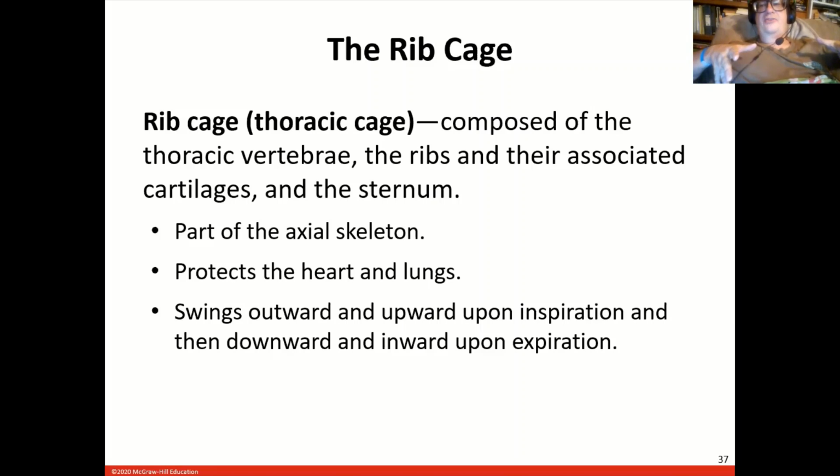Then when you're exhaling, the ribs are moving inward and downward. You're squeezing the air out. What you're doing is increasing pressure, and air flows from high pressure to low. That means we squeeze and it flows out. Okay, moving on.